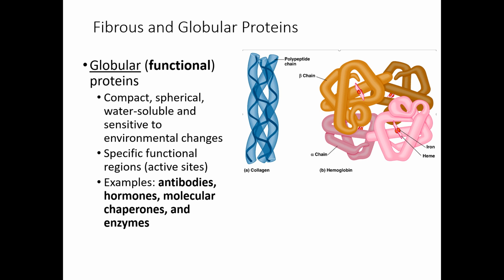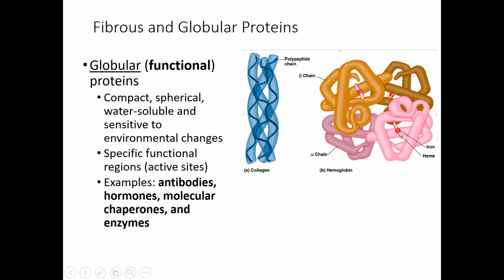Second type of proteins would be globular or functional proteins. Here is an example. They can have very different shapes, but very often they look like a globe. They are water soluble and very sensitive to environmental changes. It means they can be damaged when temperature rises.